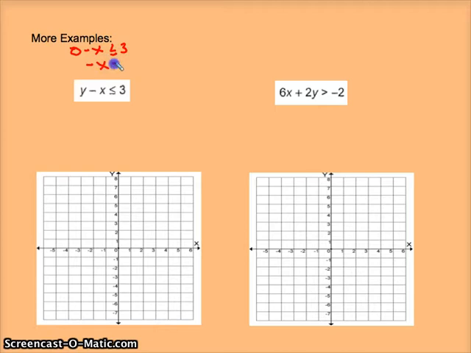So negative x, and remember when I'm using these intercepts, I can pretend that's an equal sign, equals 3. So x equals negative 3. I'll put a point at negative 3. All right, plug in 0 for y, or excuse me, plug in 0 for x. So y equals 3. All right. The inequality has an equal to bar, so I can use a solid line.